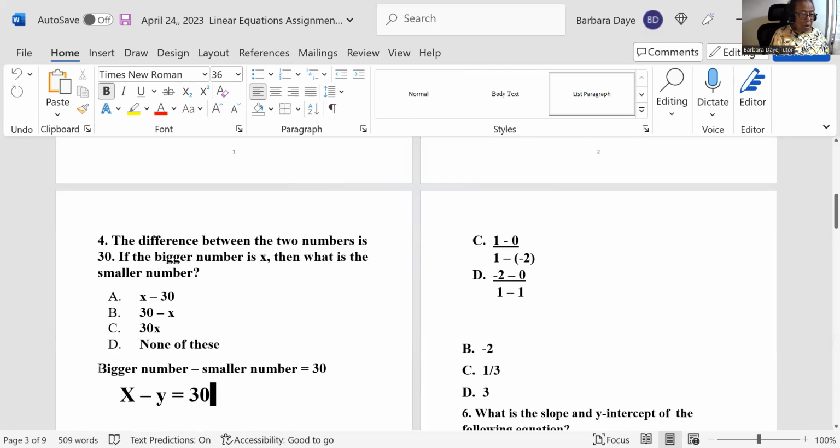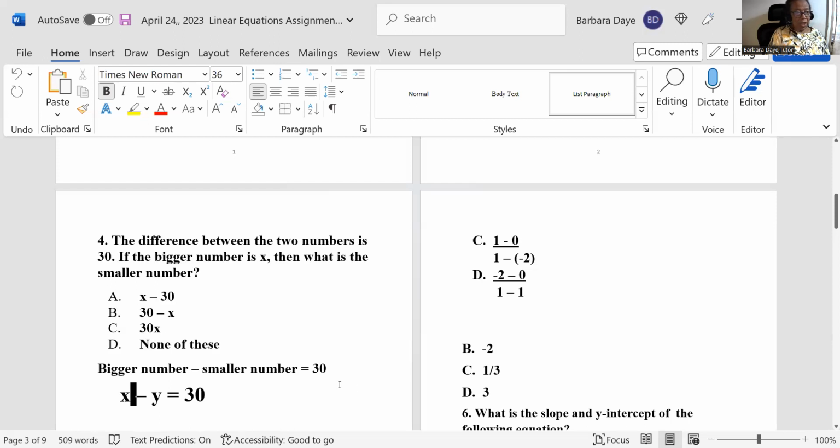Now, the smaller number, what will it be equal to? If you solve for the y, add the y on both sides, that would give you the y on the right, and then subtract the 30. That gives you y equals x minus 30, and that's your answer A.